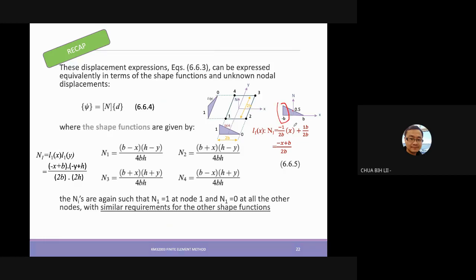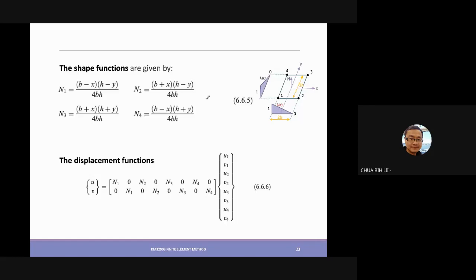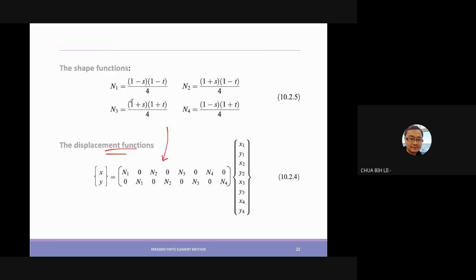So when the X position is over here, you just substitute minus B over here, then you will get the full value at this particular point would be equal to this. So that is the idea. This is how it would look like if it is formulated for the Q4. In terms of the global coordinate system, it is exactly the same with the isoparametric formulations. Only the difference is the S and T.